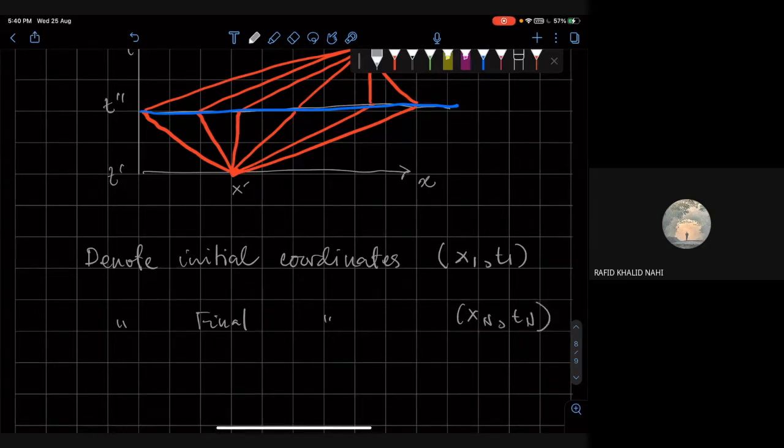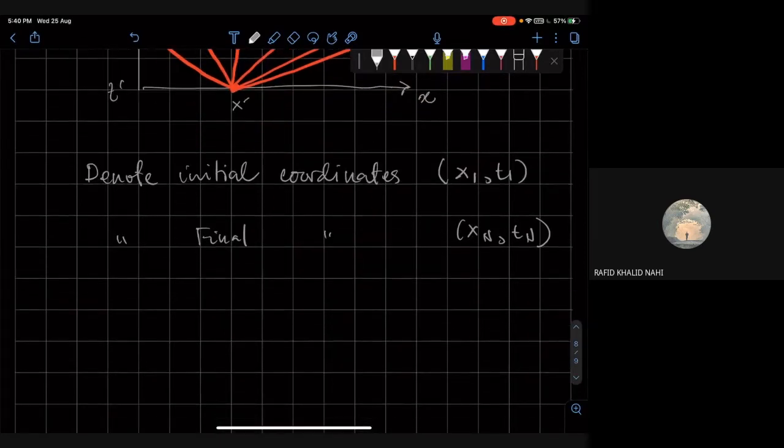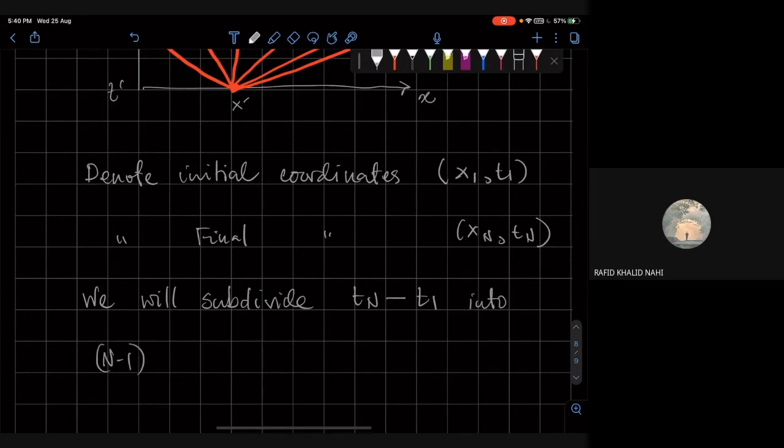Okay, and what we are doing is that we will subdivide the interval tn to t1 into n minus 1 equal length time intervals.